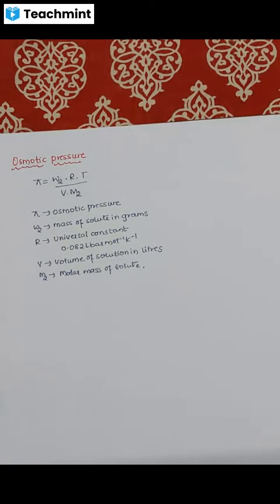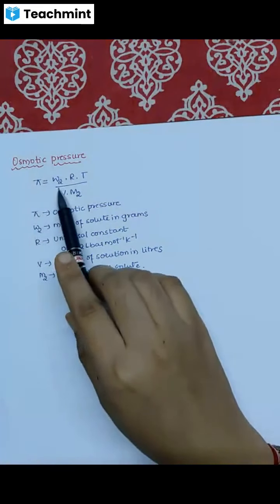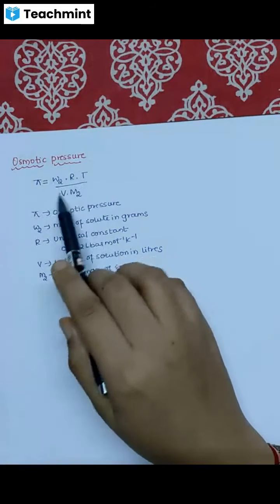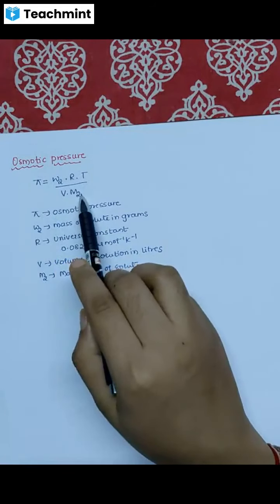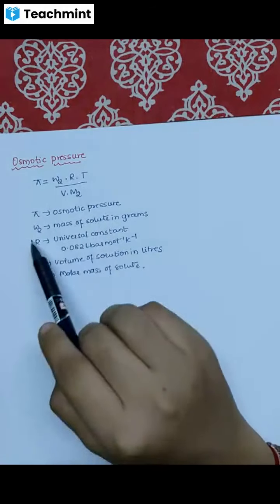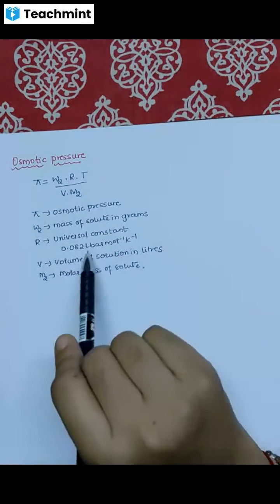Yes. As I said in previous class, we will be discussing the problems on osmotic pressure in the next class. The formula for osmotic pressure is given as pi equal to W2 into R into T divided by V into M2, where pi is osmotic pressure, W2 is mass of solute in grams, R is the universal gas constant.